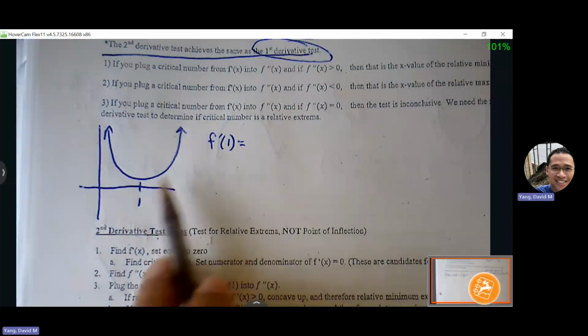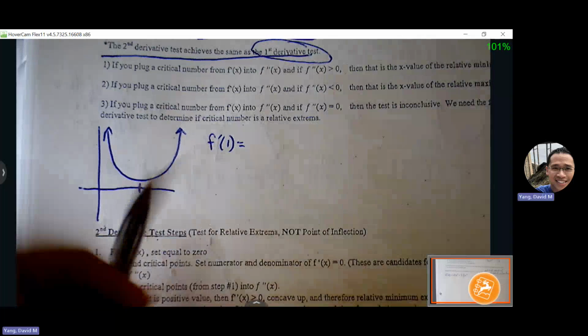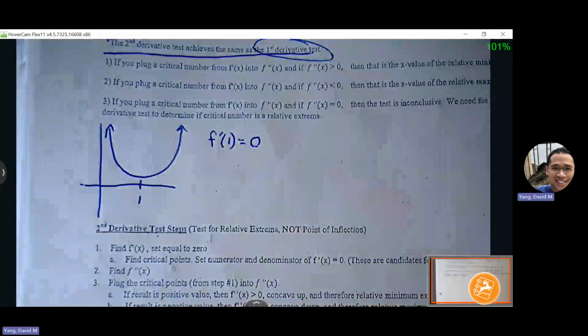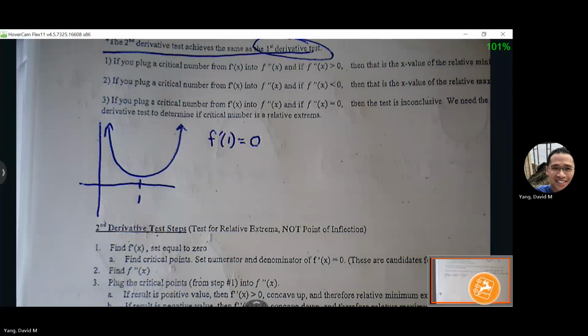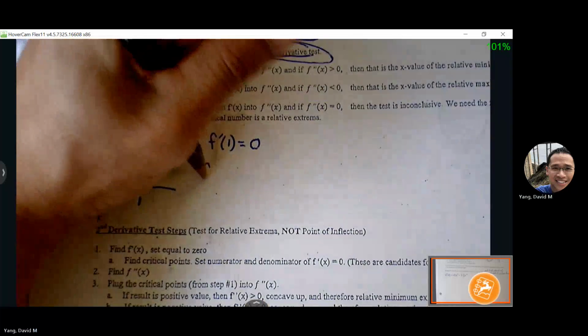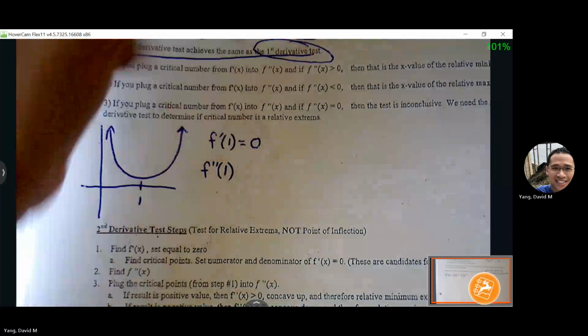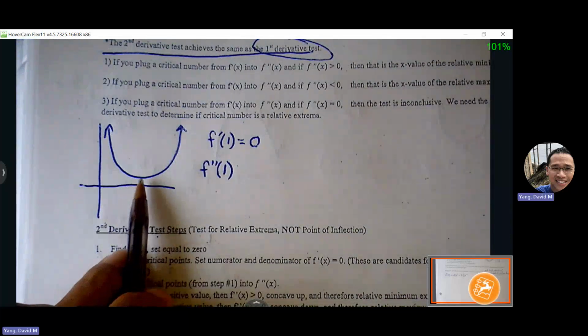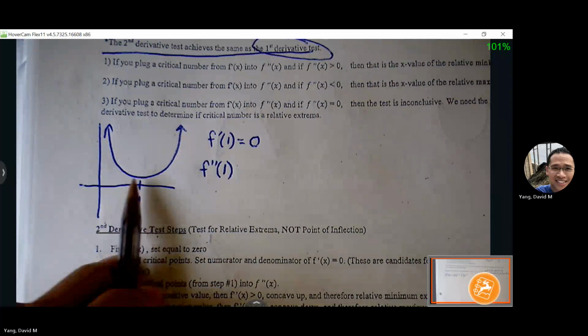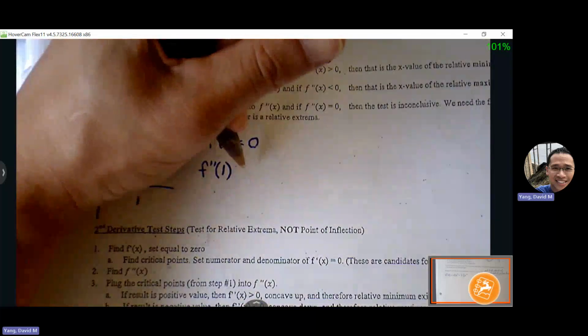What's the slope of the f graph at 1? 0. So we know it's a slope of 0. Now let me ask you about the second derivative. Is this part of a concave up or concave down graph? Concave up.